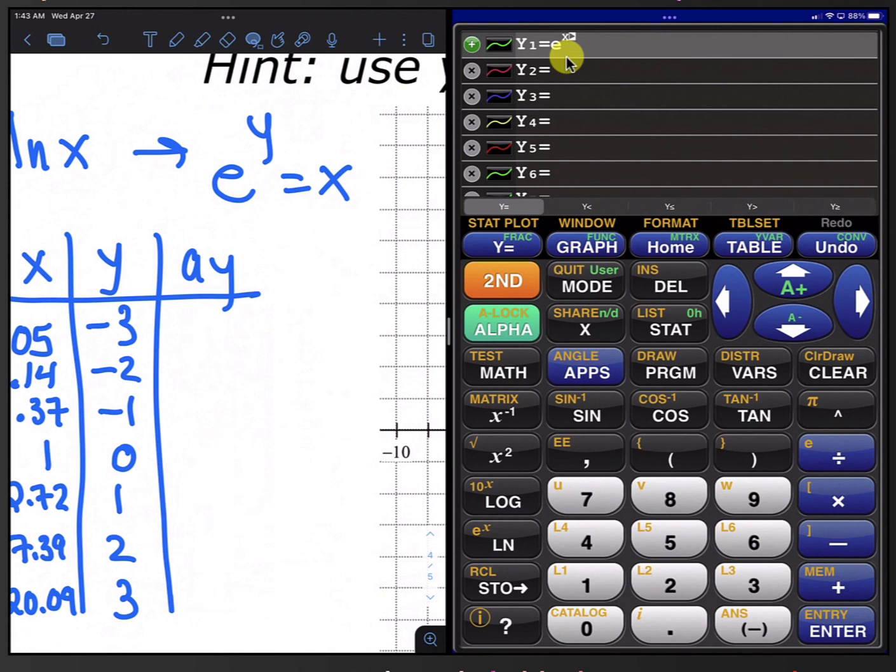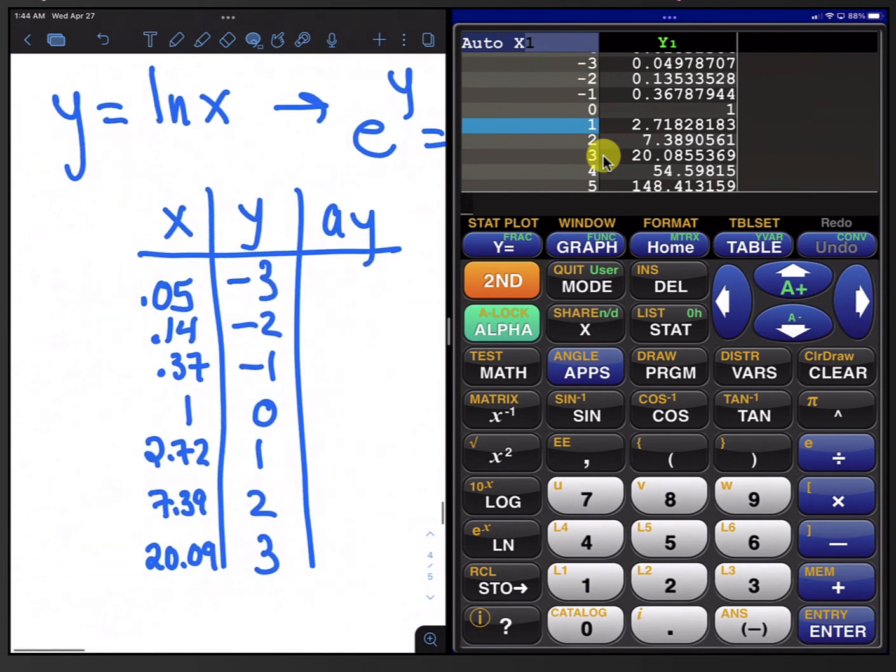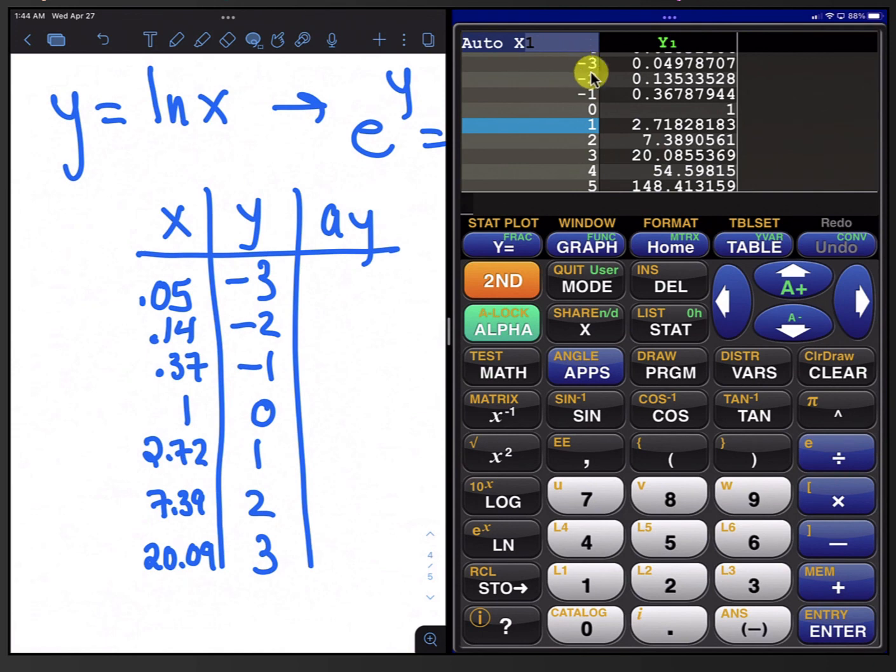And then we're going to go to our table. So press the table button. And we're looking for the values from -3 to 3. And that's what we have here. So as you can see, when x is -3, y is 0.049, which we round to 0.05.